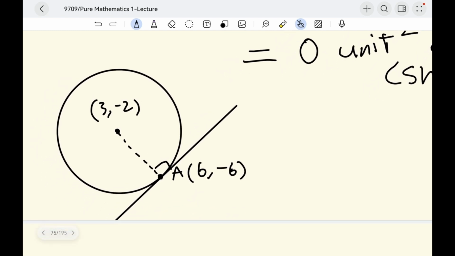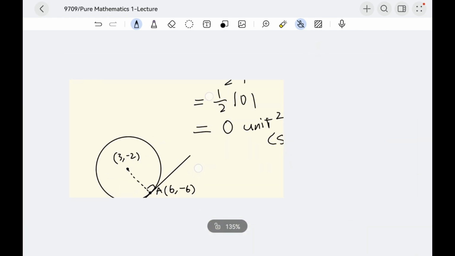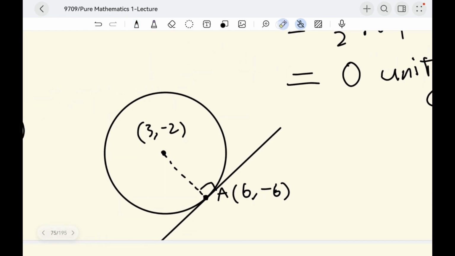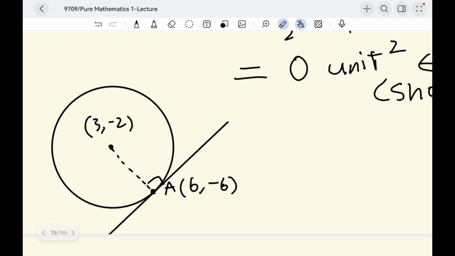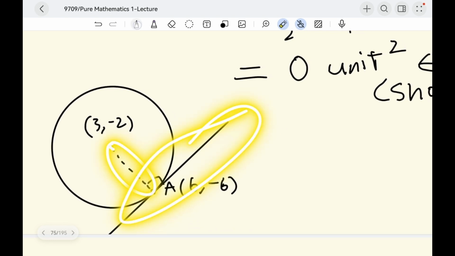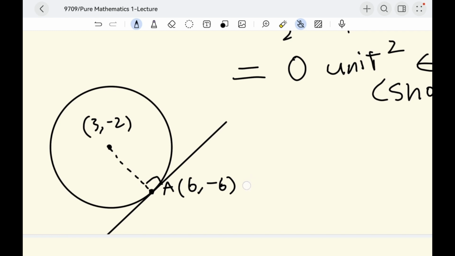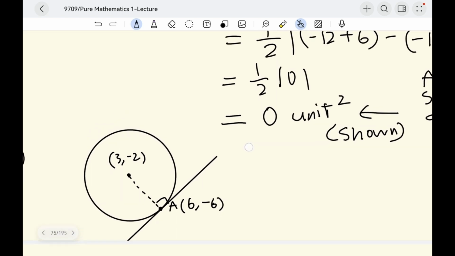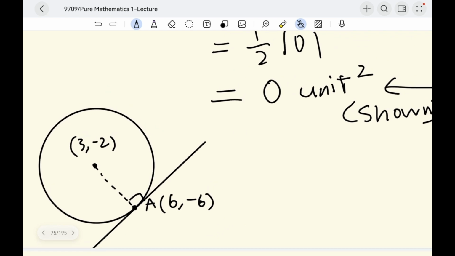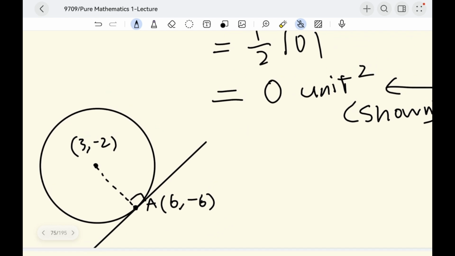How to find the equation of the tangent is just that simple. Assume this radius is the equation of one line and the equation of the tangent is another line. How can we relate these two lines? We can use the gradients: the gradient of the radius times the gradient of the tangent equals -1.